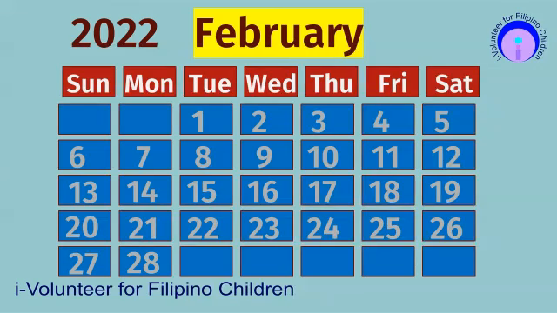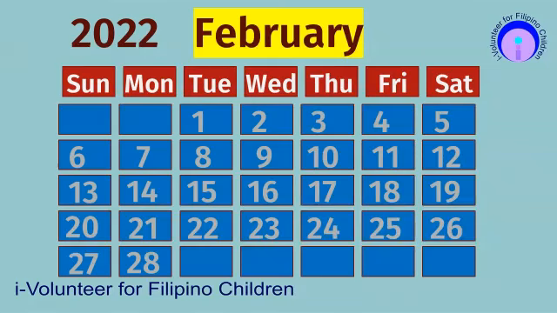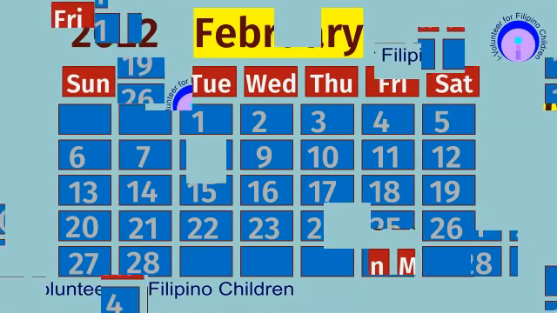Leap year has a total number of 29 days, while ordinary year has only 28 days. If the last two digits is divisible by 4, then it is a leap year. The year 2022 is not a leap year because it is not divisible by 4. Therefore, February 2022 ends in 28 days.